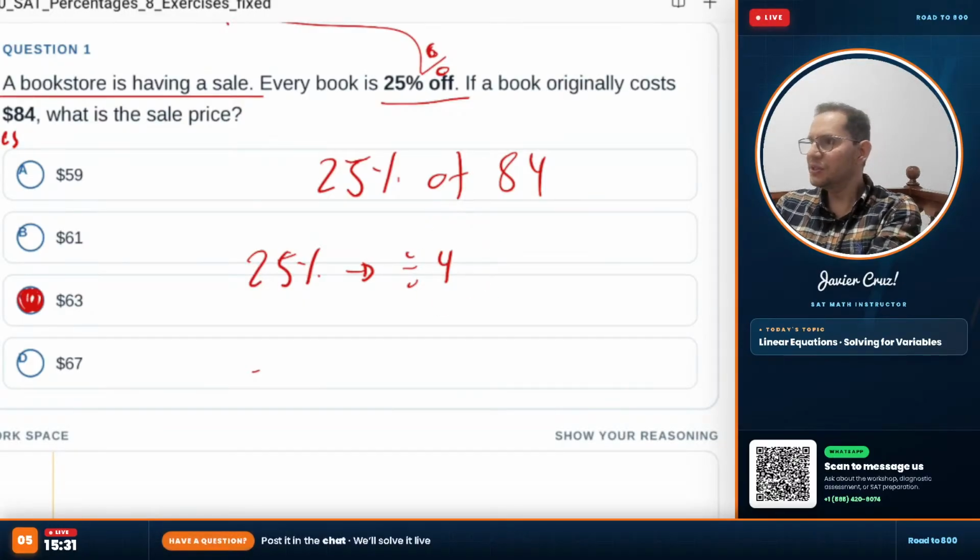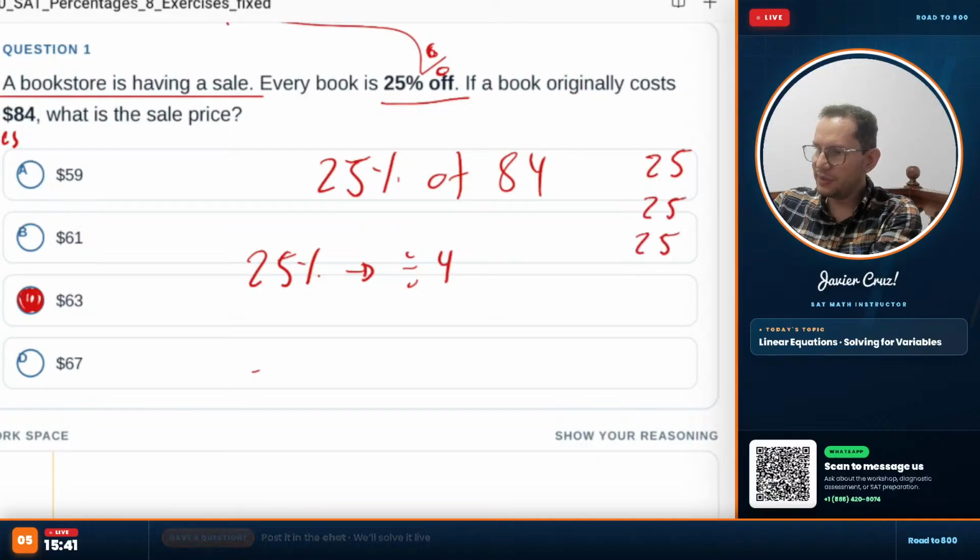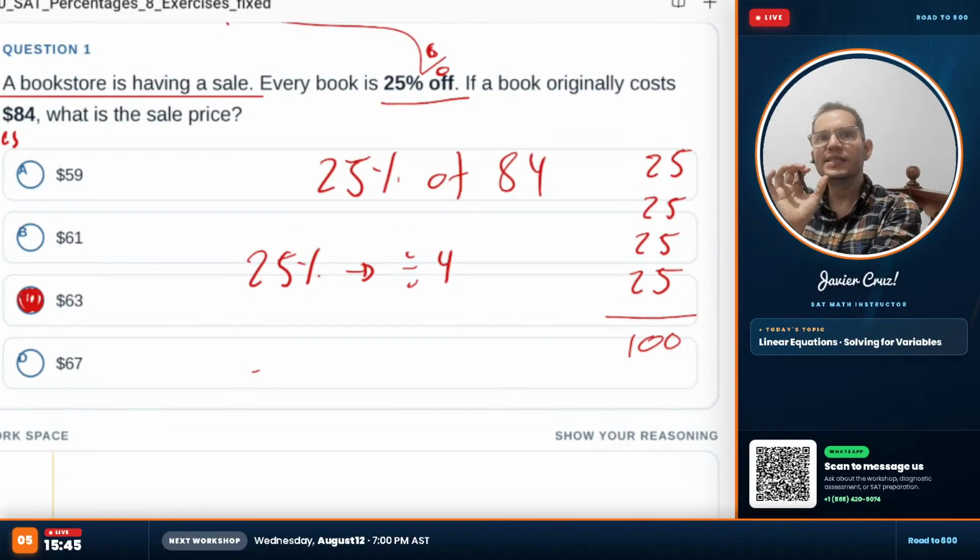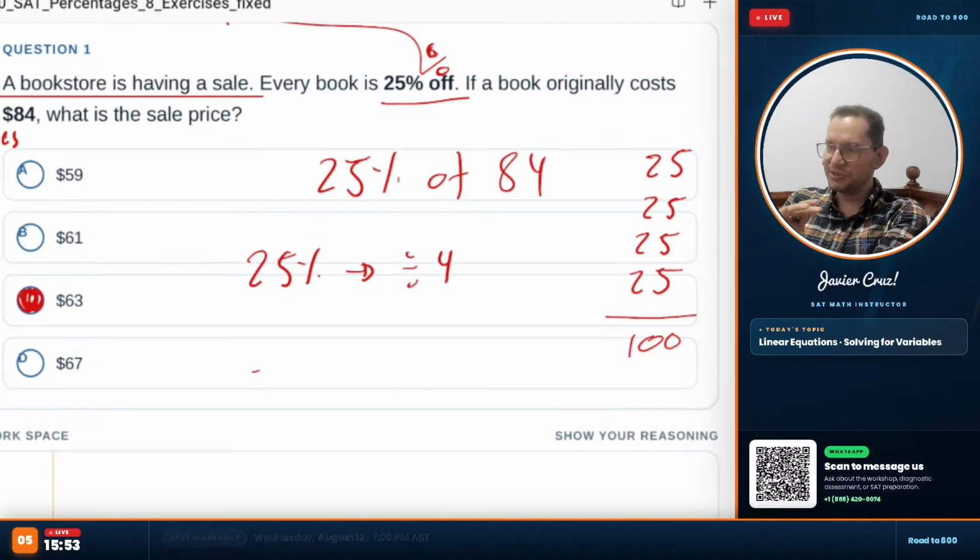But a good question could be why we need to divide by 4. It's because 25 plus 25 plus 25 plus 25 is 100. The name percent comes from cent, and cent means divided by 100, right?